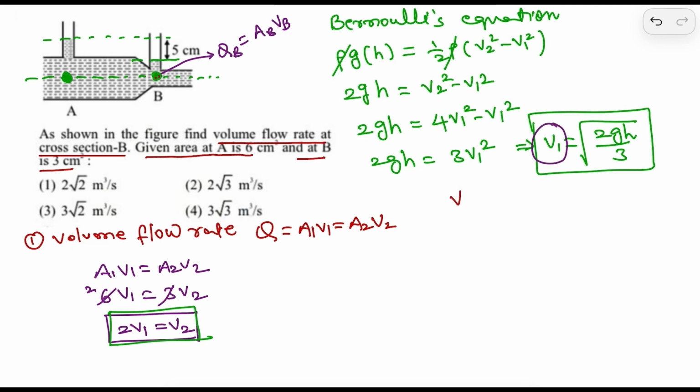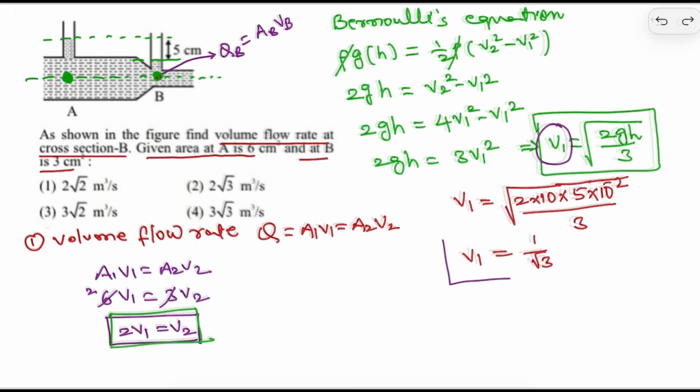Now v1 is equal to the square root of 2 into g, which is 10, and h is given as 5 into 10 to the power of minus 2, divided by 3. So 5 into 10 is 100, and 10 to the power minus 2 gives 1. So v1 is equal to 1 by root 3.